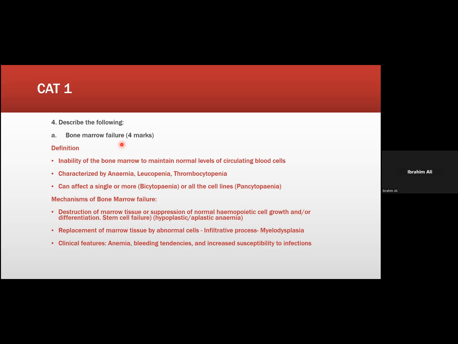So bone marrow failure is inability of bone marrow to maintain the normal level of circulating blood. The bone marrow is where hematopoiesis takes place, where the RBCs, WBCs, platelets, lymphocytes, and the rest are made.